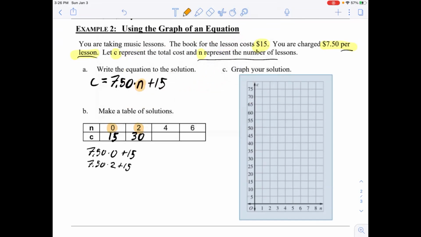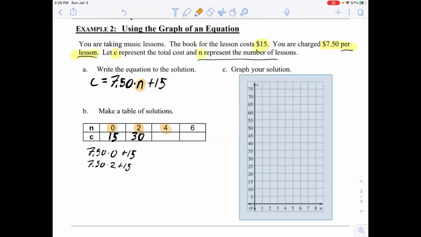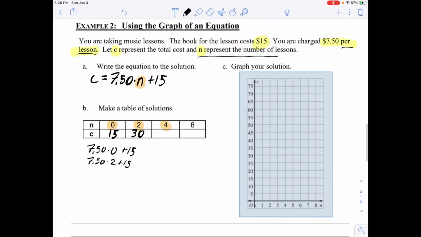Remember, you can always use your calculator to help you on these. Just be really, really careful and make sure you're doing order of operations correctly. Now we can put in 4. So 7.50 times 4 plus 15.